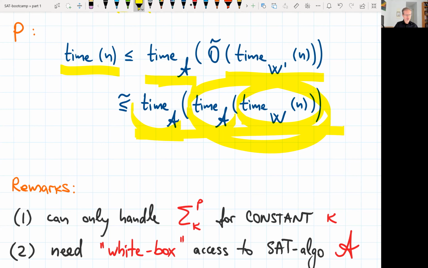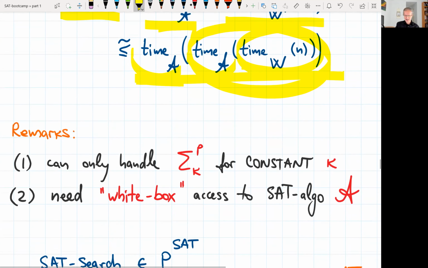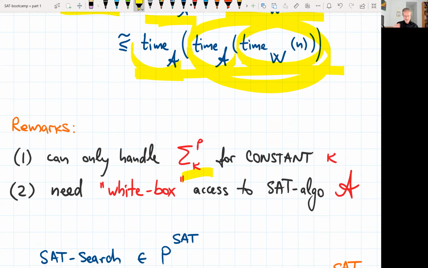It's still polynomial as long as you don't repeat this process more than a constant number of times. Fortunately for the polynomial time hierarchy, the number of quantifier alternations is only constant, so that's okay. You can handle constant k in this proof argument.